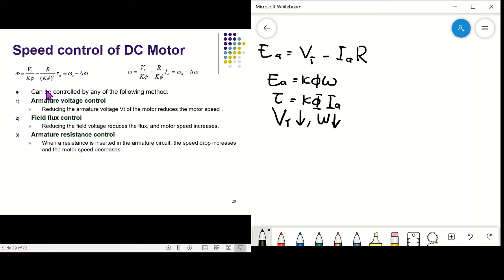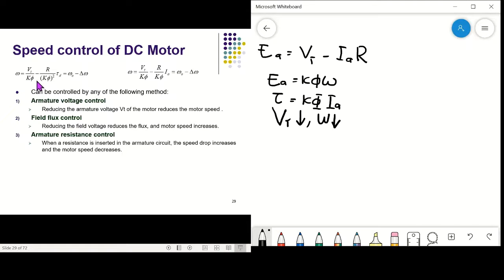And then the second method is field flux control. Kita control the flux. Reducing the field voltage reduces the flux and motor speed increases. Betul tak? Bila kita reduce flux, speed akan increase. So how to change the flux?